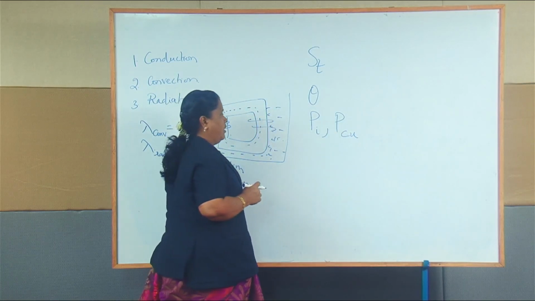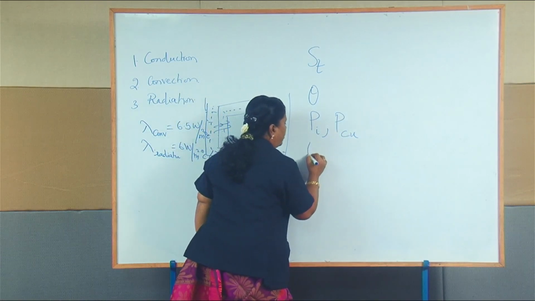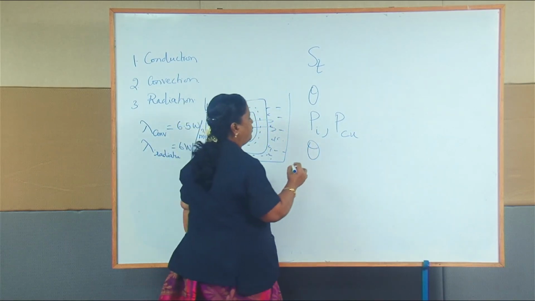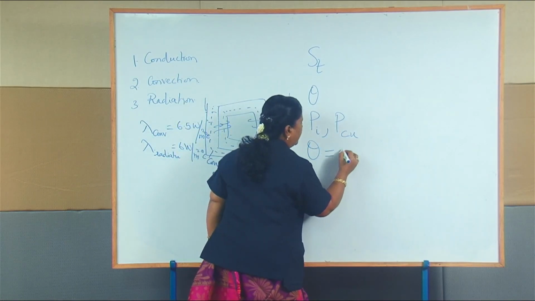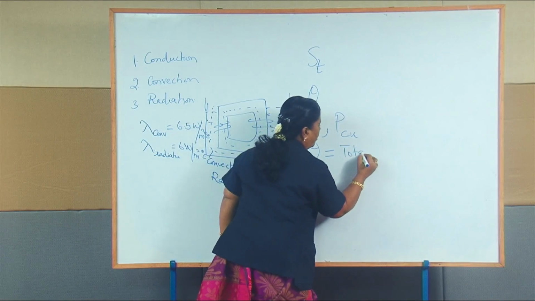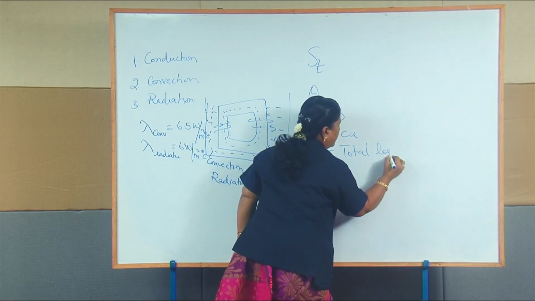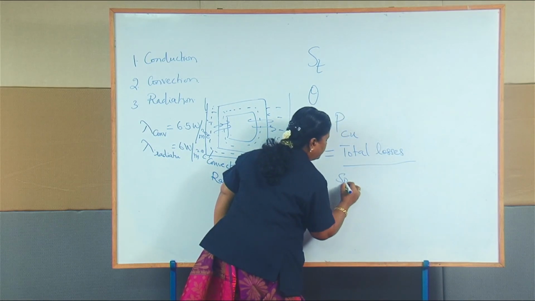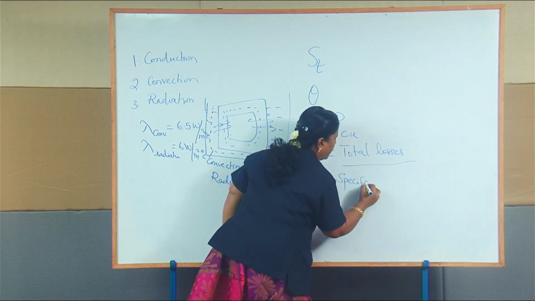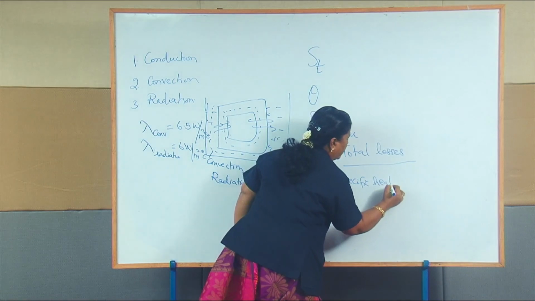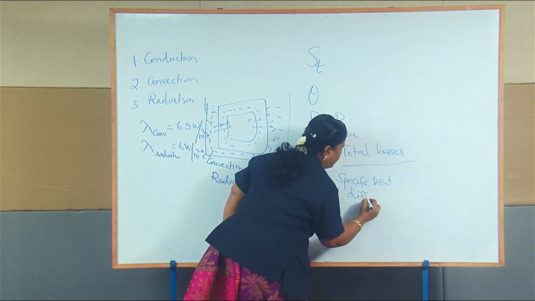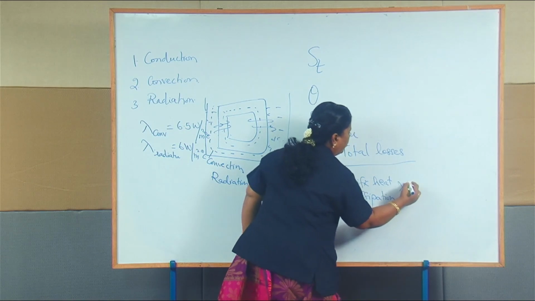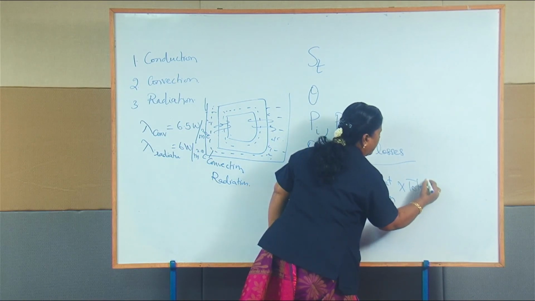Now the temperature rise of the transformer can be calculated using the formula theta is equal to total losses divided by specific heat dissipation into total area.